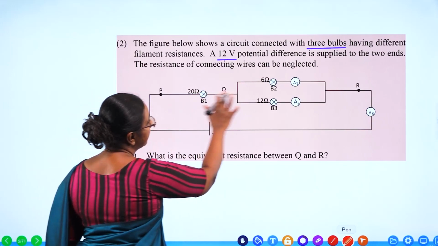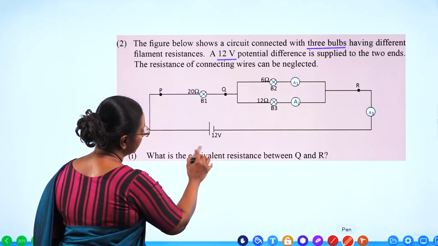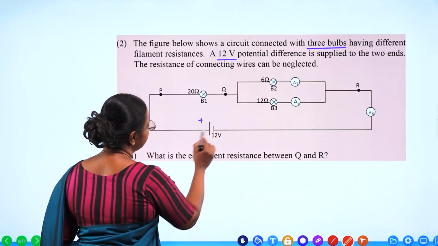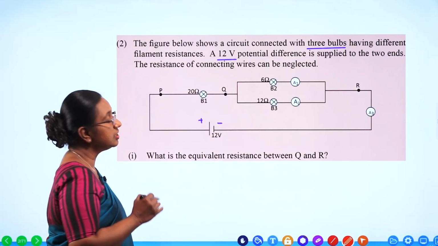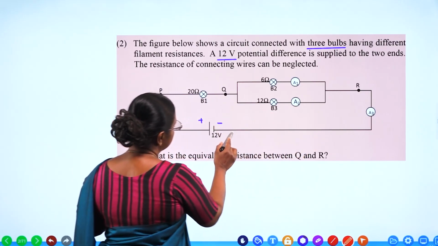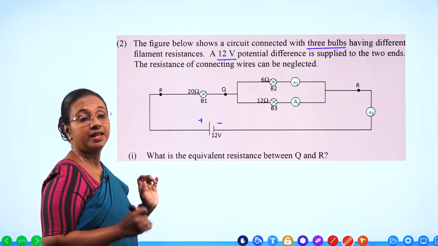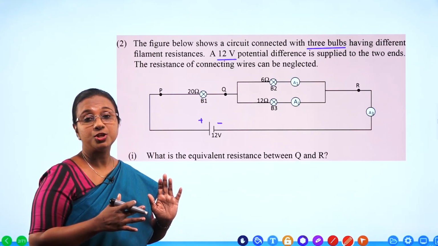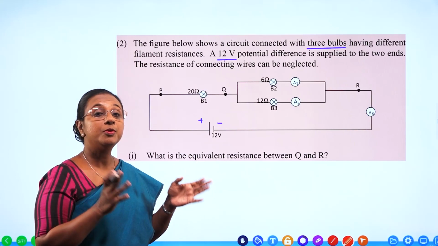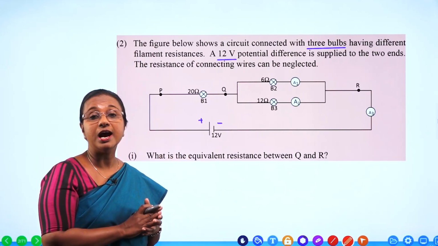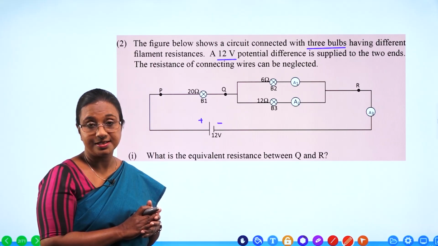So now look at the diagram. Here they have shown the 12 volt connection. You all know this is the positive terminal, negative terminal. So the potential difference across the full circuit is 12 volts. Then you all know when there are series combinations of components, the potential difference will be divided according to their equivalent resistance.